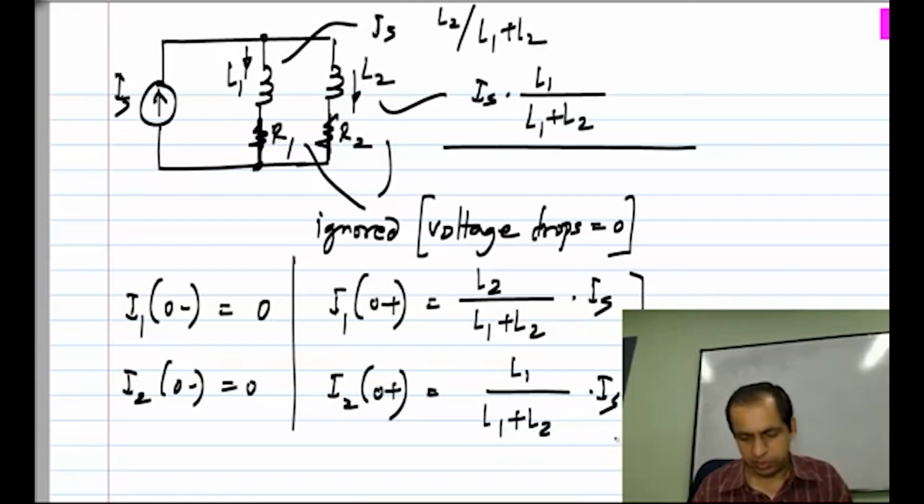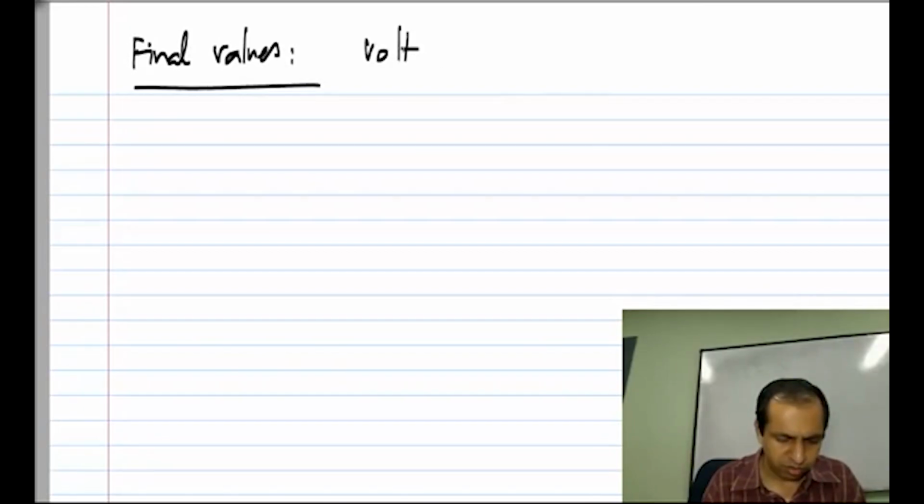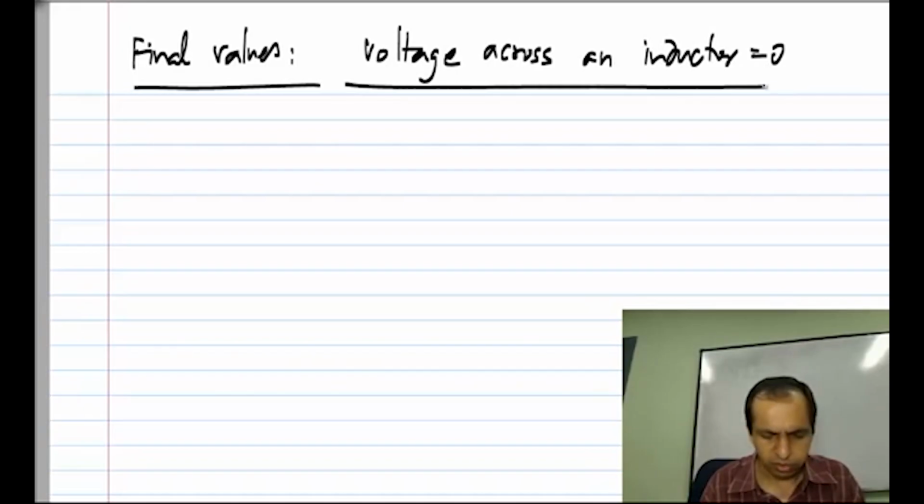So from these and the final values, which can also be calculated quite easily, for the final values in an inductor circuit, what is it that we know? The voltage across an inductor equals 0.